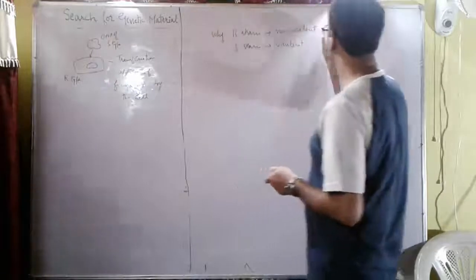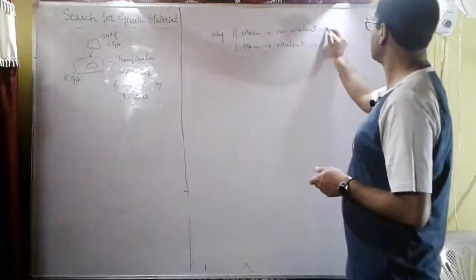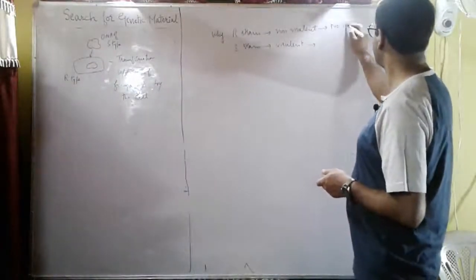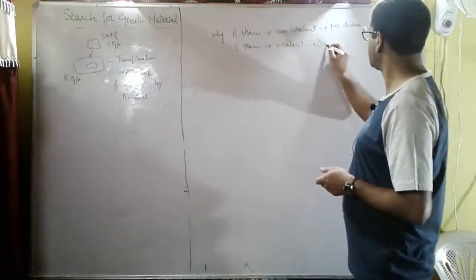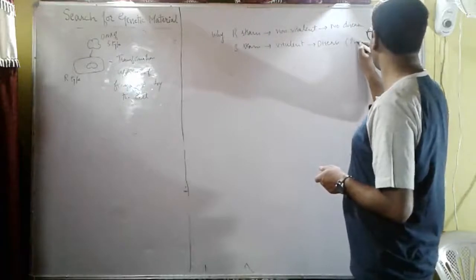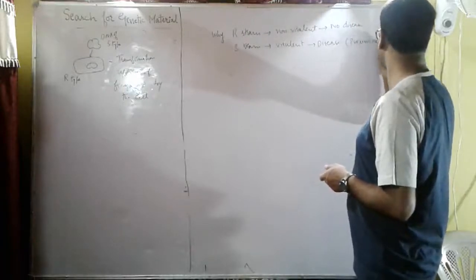That means the R strain causes no disease, and the S strain causes disease, it causes pneumonia in living organisms. Why is it so?